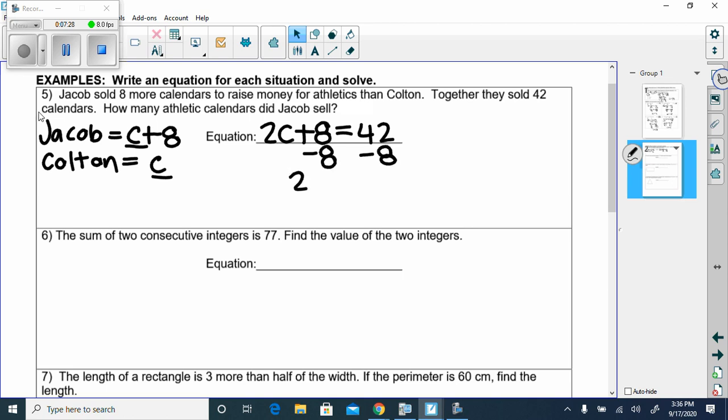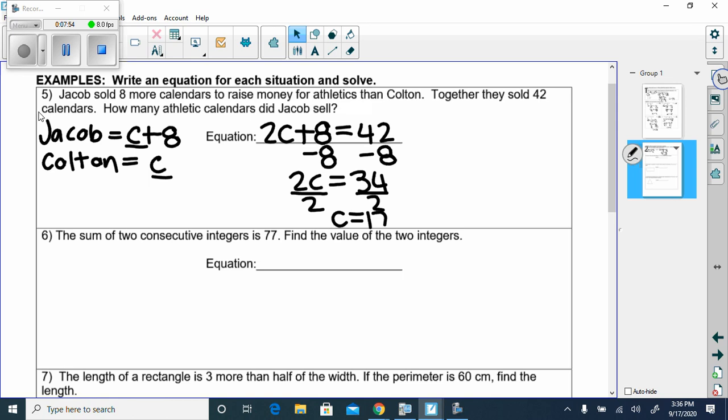So I end up with 2C equals, okay. But then what am I supposed to do? Divide. So he did not sell 34. Colton sold 17. Okay. So if Colton sold 17, that's not what they asked for us to find.